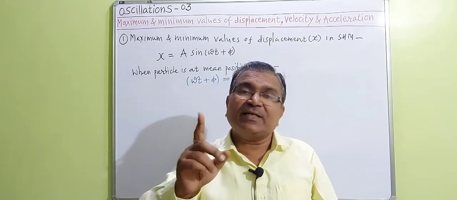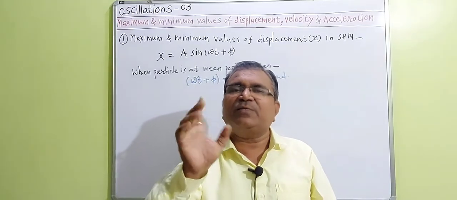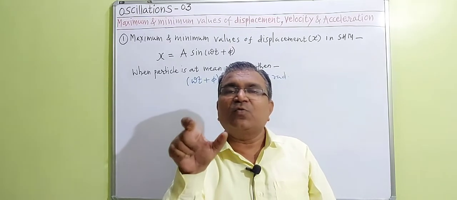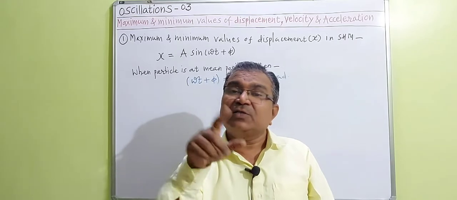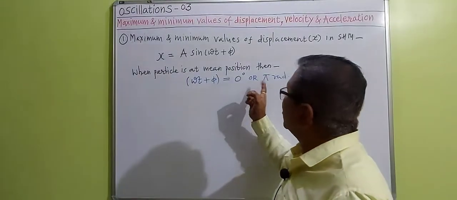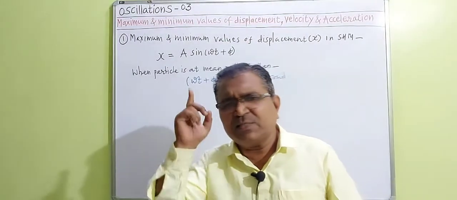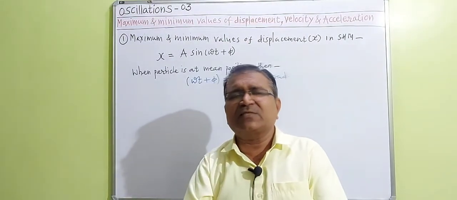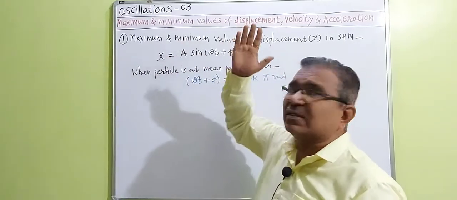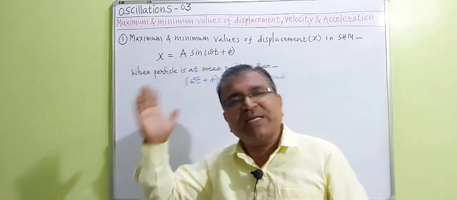But when the particle is at mean position, the complete phase omega t plus phi is equal to 0 degree or pi radian. This is the most important difference, dear students. You should keep it in mind while calculating the maximum and minimum values.